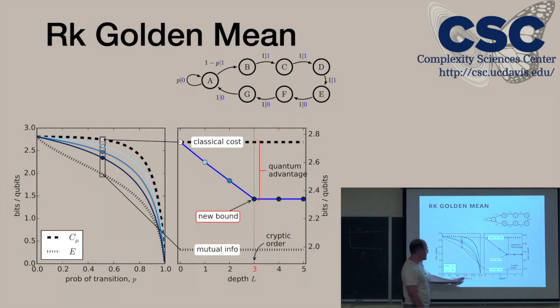So for some probability p, I think it's a half, we look at what we've got. The classical cost C mu is here, 2.7. The excess entropy here, about 2. And we find that the quantum cost decreases pretty much linearly with increasing L up to 3, which happens to be the cryptic order. And then from then on, there's no further compression or no further quantum advantage.